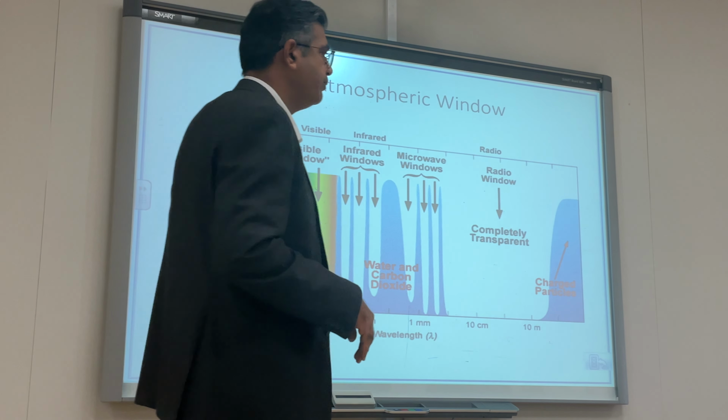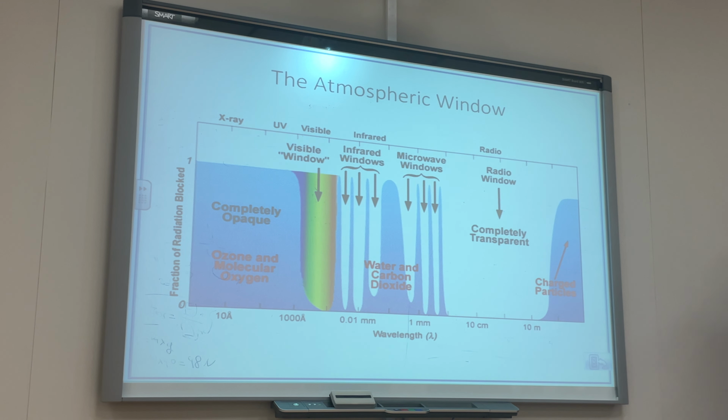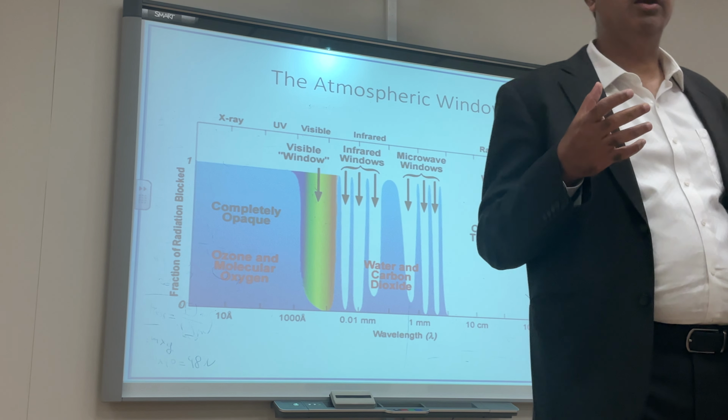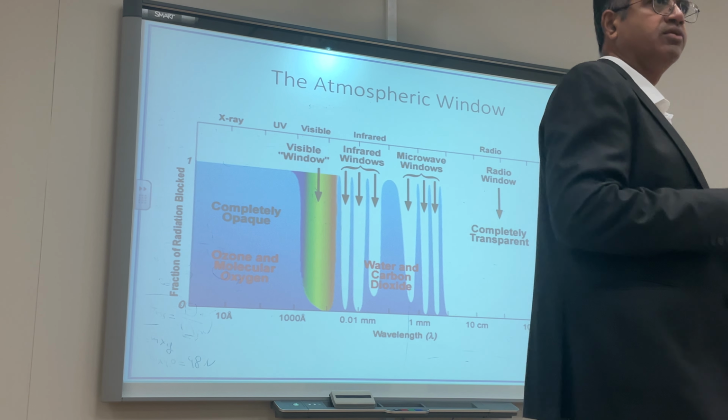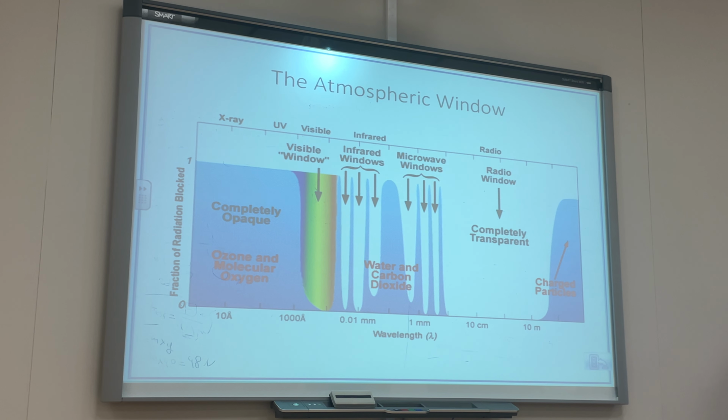Therefore, they have to keep in mind the atmospheric window when designing a sensor. And what is an atmospheric window? The atmospheric window shows the parts of the electromagnetic radiation which can pass through the Earth's atmosphere. Okay, is it clear?